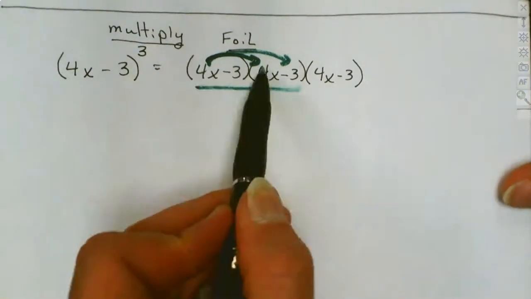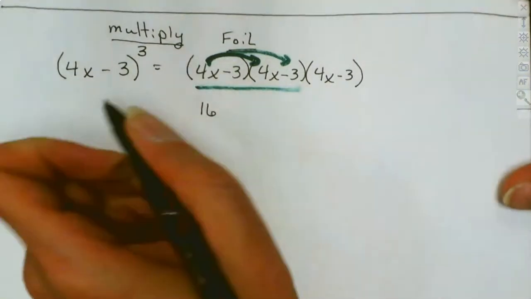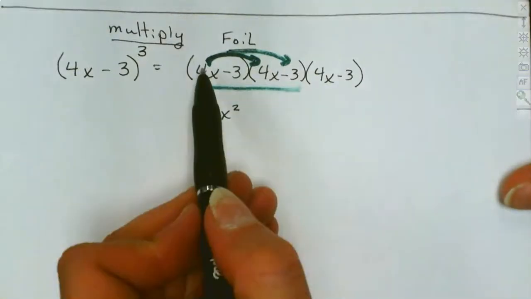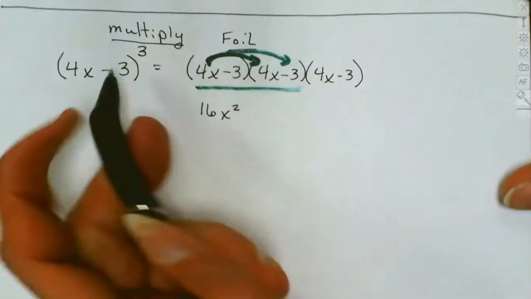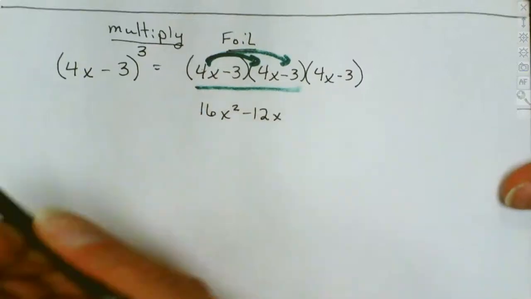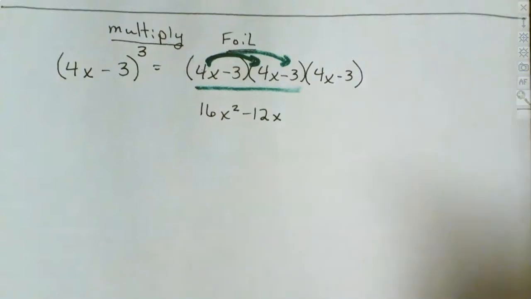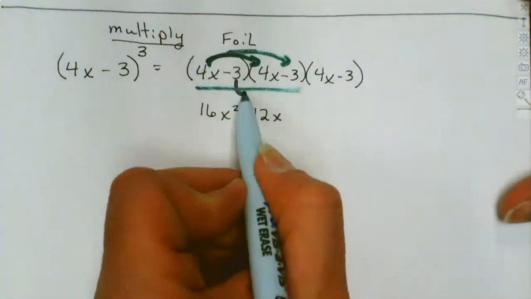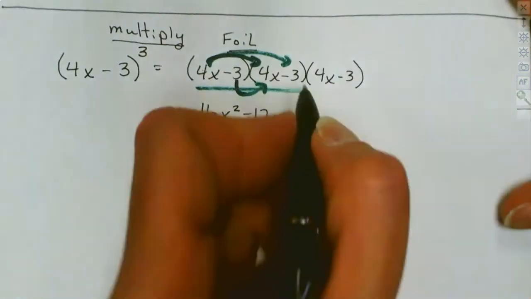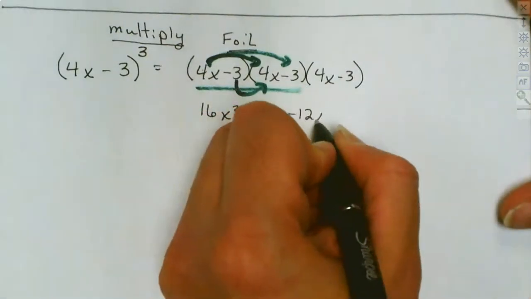So 4 times 4 makes it a 16x squared. Outside and outside makes it a minus 12x. Inside and inside, which is here, we have another minus 12x.